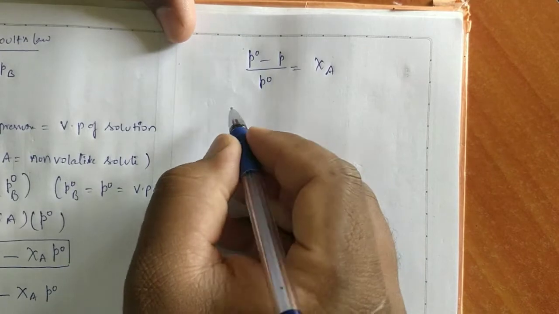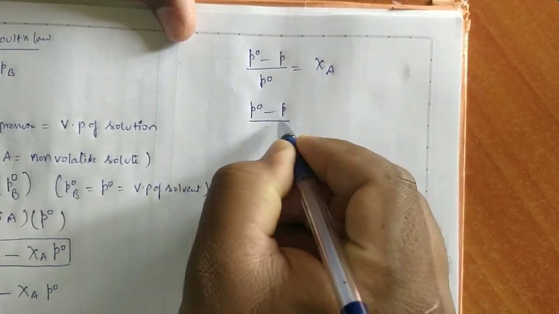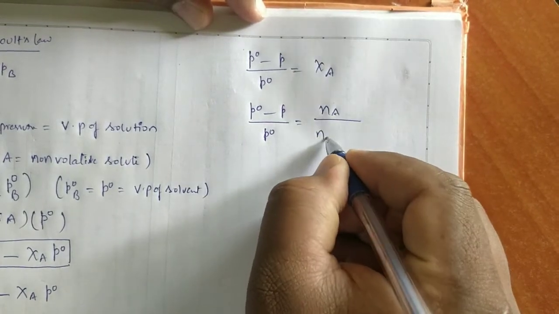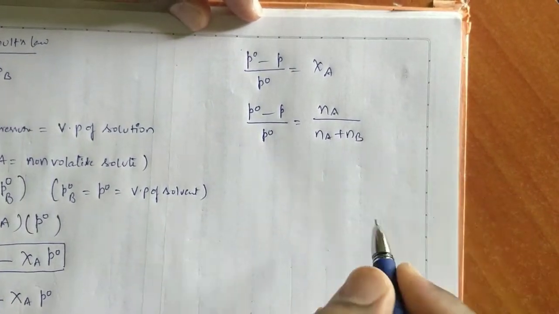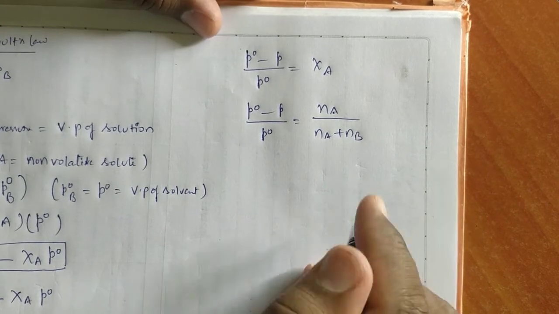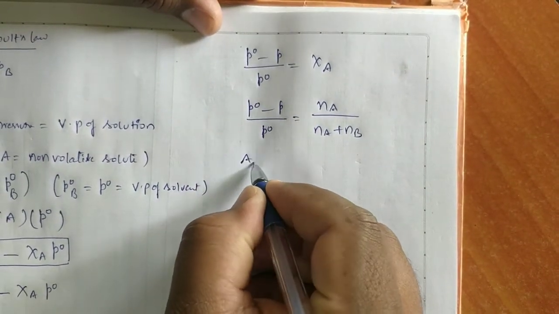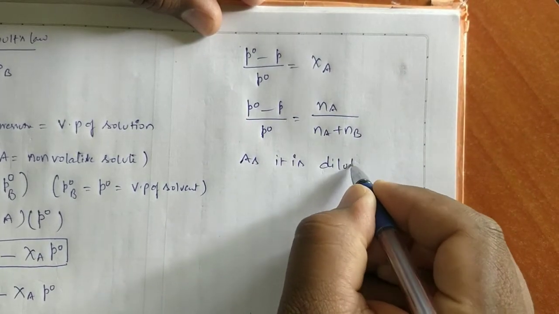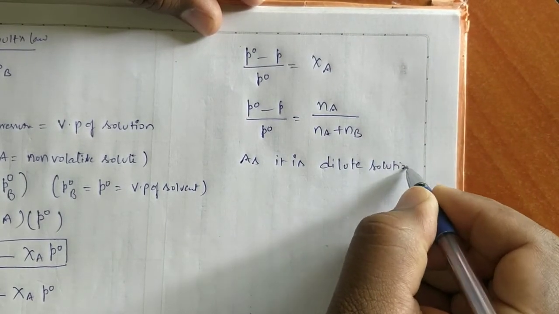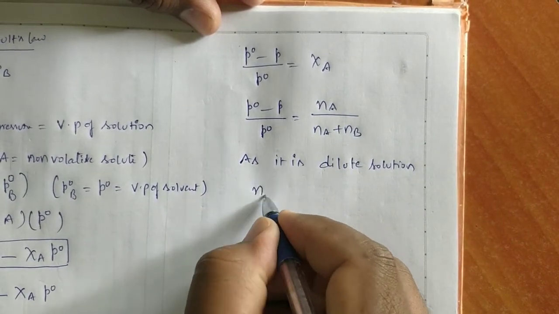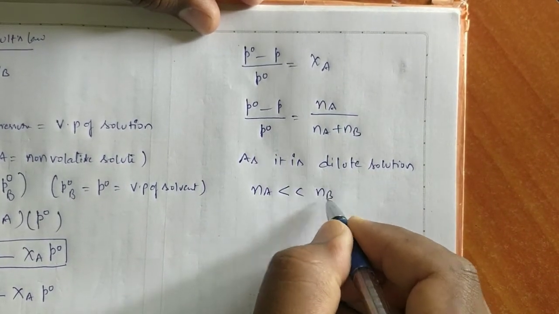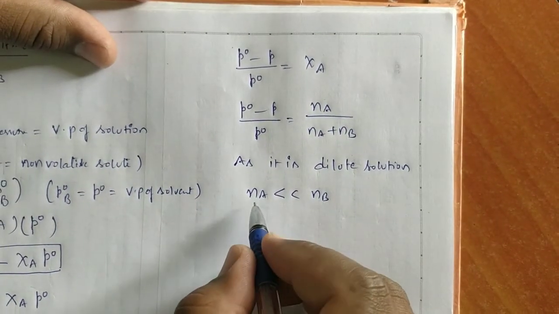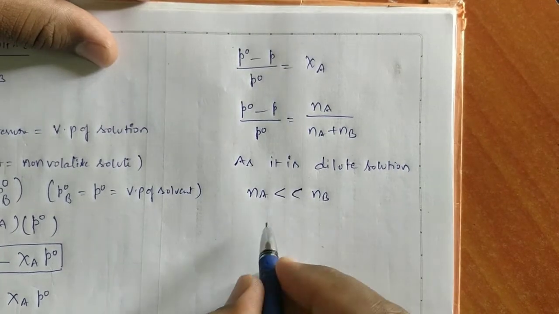Okay, now P naught minus P by P naught is equal to chi a, whose formula is Na by Na plus Nb. As colligative properties are applied to dilute solutions, Na value is very much smaller than Nb. Because solute is very small when compared to solvent, automatically Na is very small when compared to Nb.